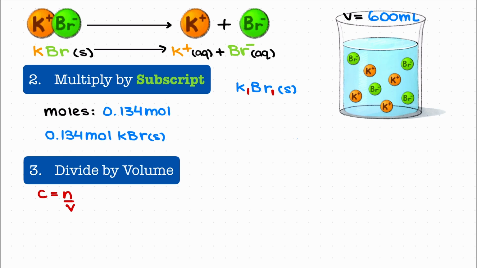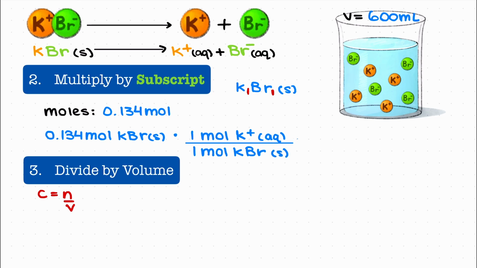We have 0.134 moles of potassium bromide, which I can then multiply and say that, okay, for every 1 mole of potassium ions that I have in my solution, I have 1 mole of potassium bromide.